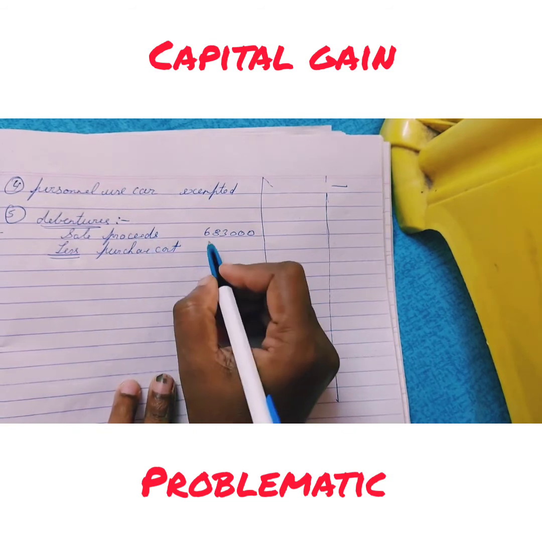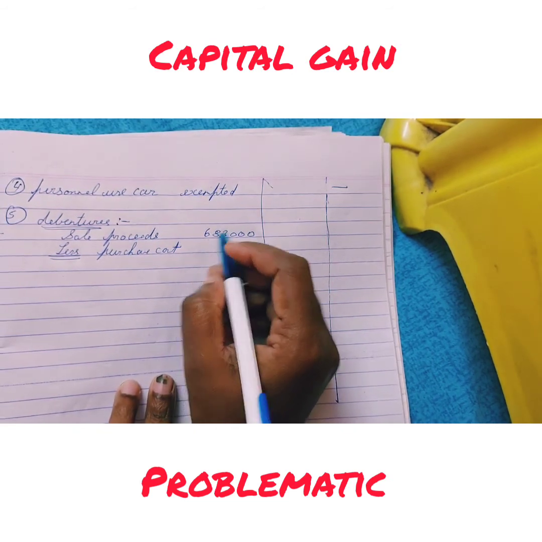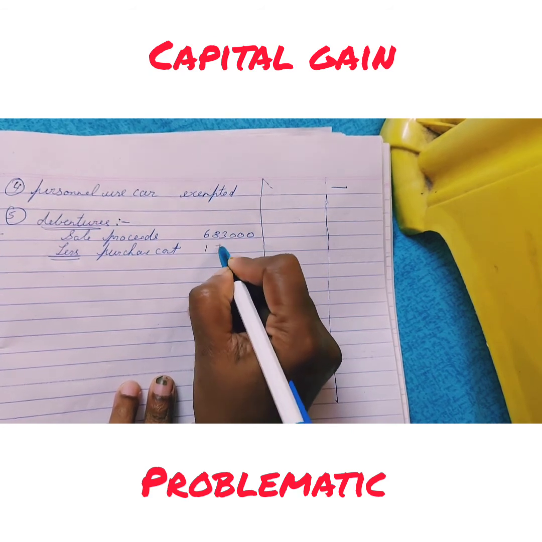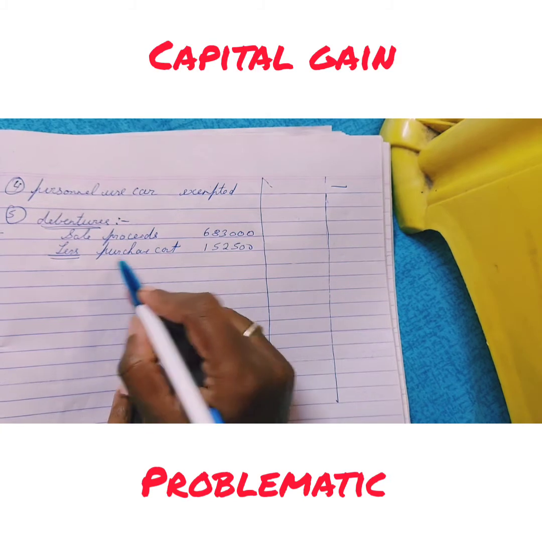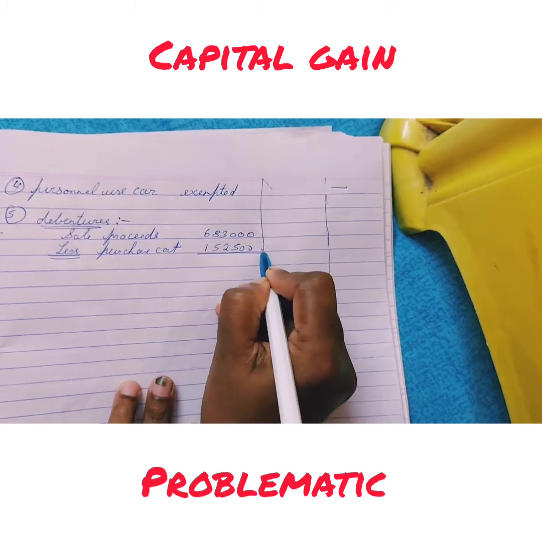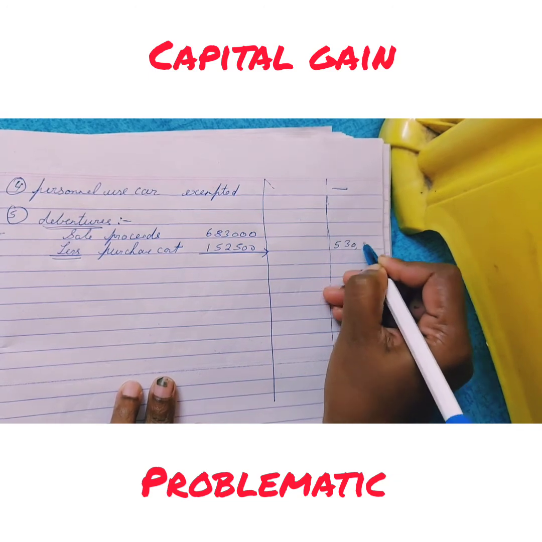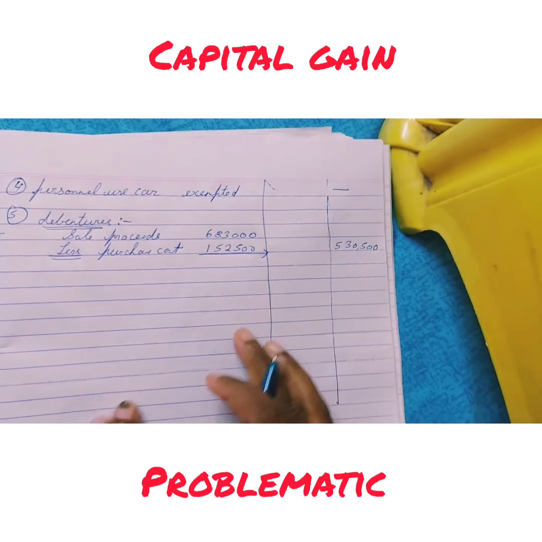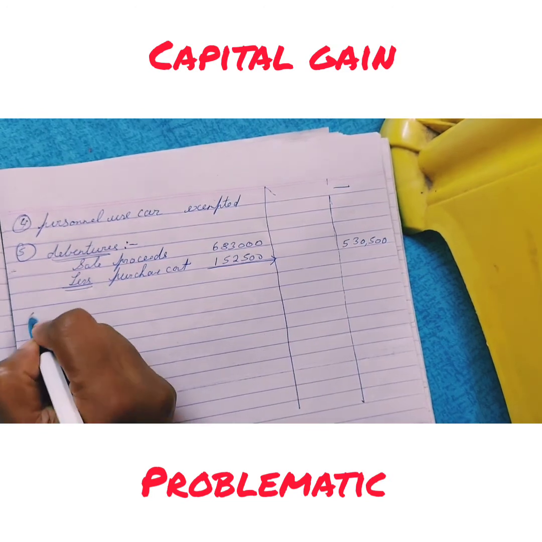Sale proceeds is 6,83,000 and the purchase price is 1,52,500. So this is the sales price and this is the purchase price. So just deduct the amount. Straight away I will write in the outside column, 5,30,500 is my answer.